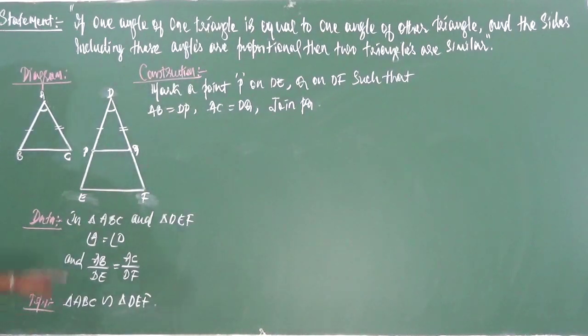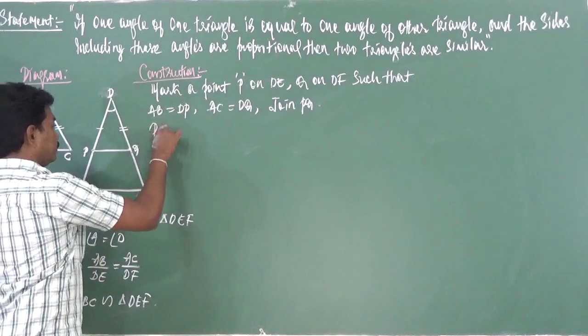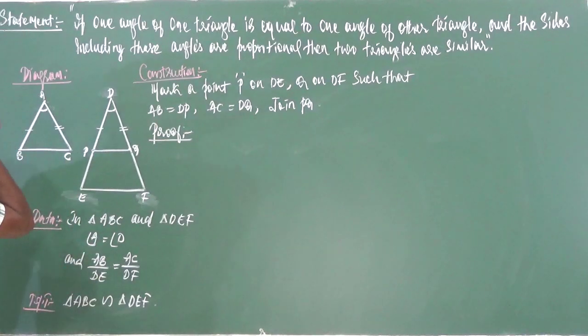Now, using the construction part and the given data, we are going to prove that triangle ABC is similar to triangle DEF. Okay. Let us get into the proof. Right. Now, we will select these two triangles, that is triangle ABC and triangle DPQ.